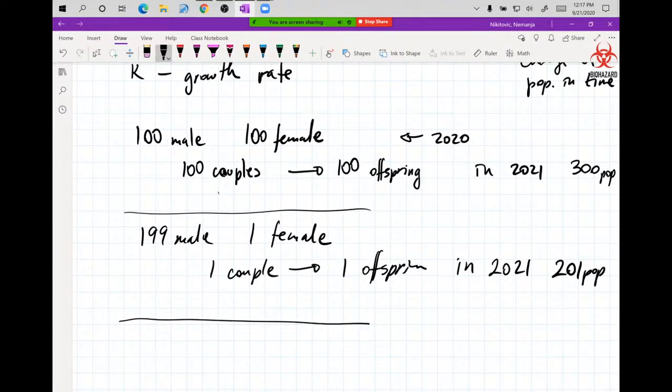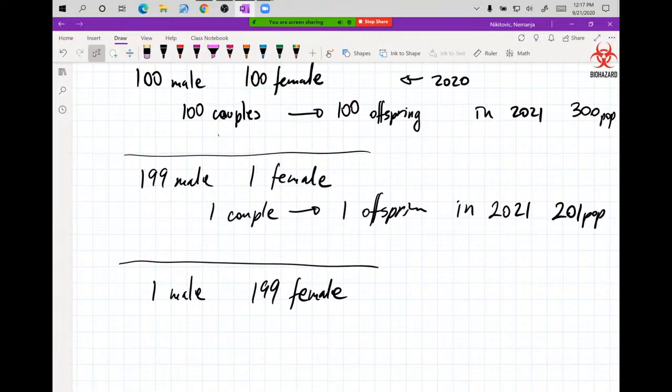And now we're going to switch this to 1 male, 199 female. Now it's very important that these females are not jealous, because now that's going to produce 199 babies, because this is going to be one very busy guy.